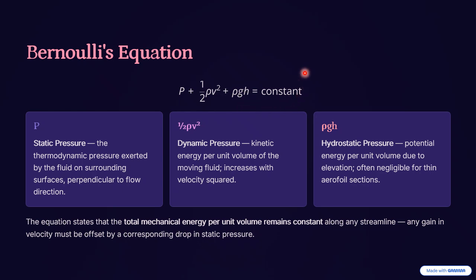According to this equation, the total energy of the fluid remains constant along a streamline. So if the velocity of the fluid increases, some other form of energy must decrease to maintain balance. In most cases, the decrease happens in pressure. That is basically why high speed fluid is associated with low pressure.